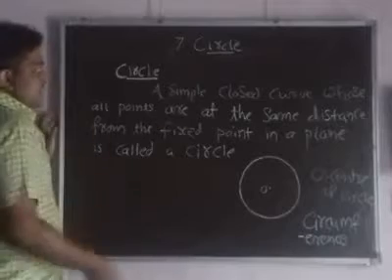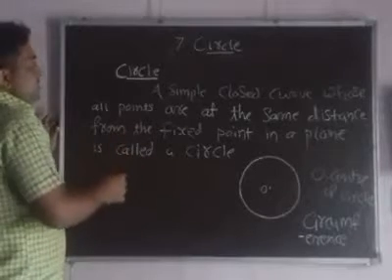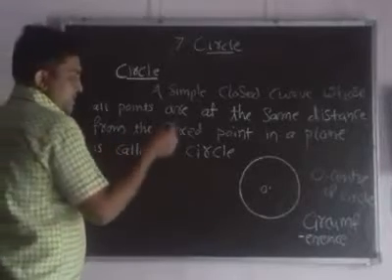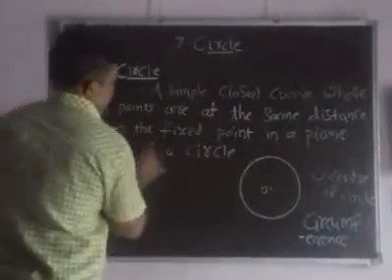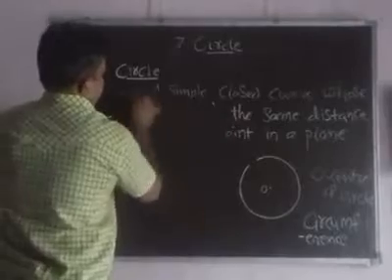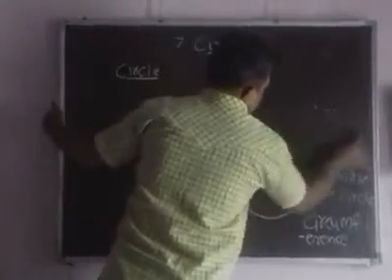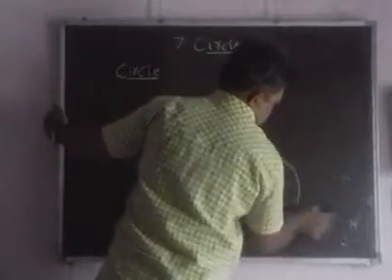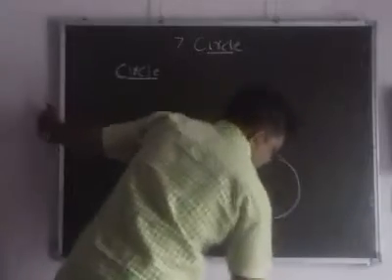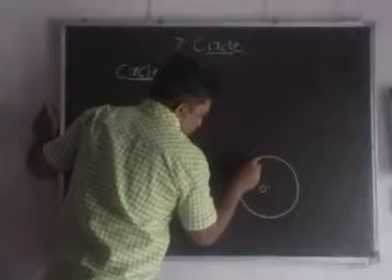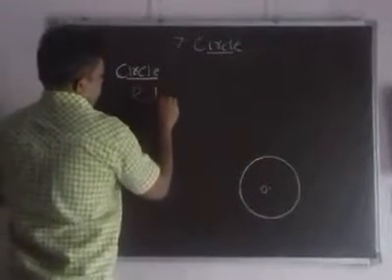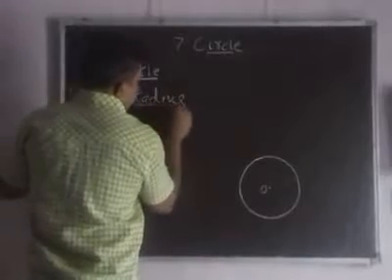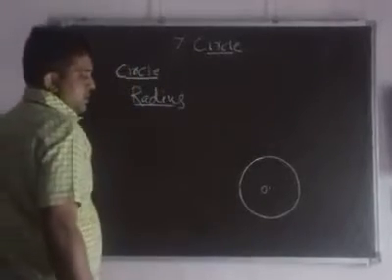So let us take the elements of circle, means which elements are involved in this circle. Okay, this one is a circle, and now we are going to define one more term, that is radius of a circle. What is the radius of a circle?